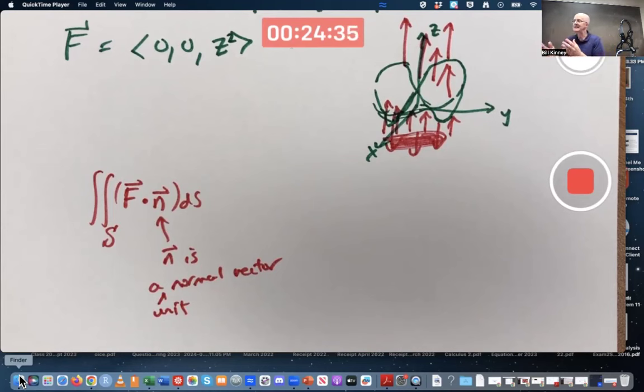Technically speaking, the surface has to be something called an orientable surface. Most ordinary surfaces that you're used to, like graphs of functions or spheres or ellipsoids or even something called a torus, which is like a donut shape, are orientable.